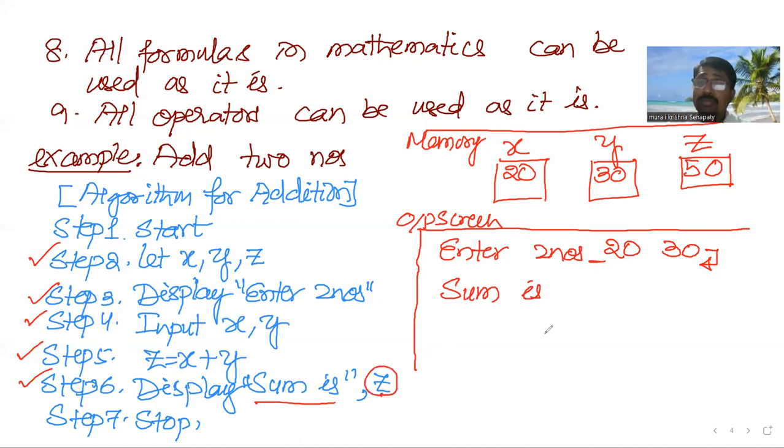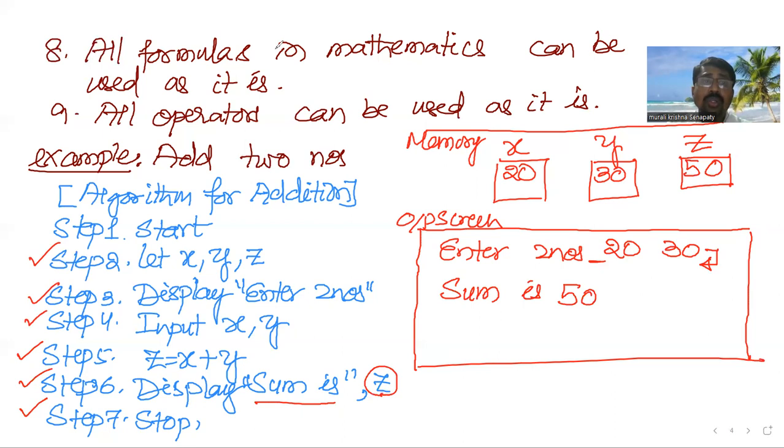What is the z value? 50. 50 will be displayed. After that, step number 7, stop, so it is terminated. In the output, it asked to enter two numbers, you entered 20 and 30, then it displays that sum is 50. In this manner the algorithm executes.